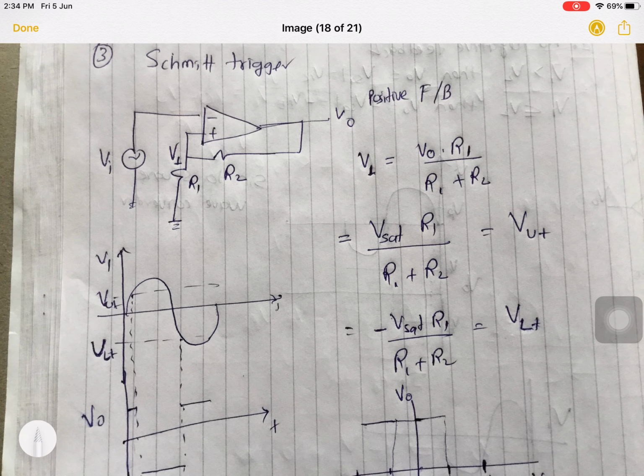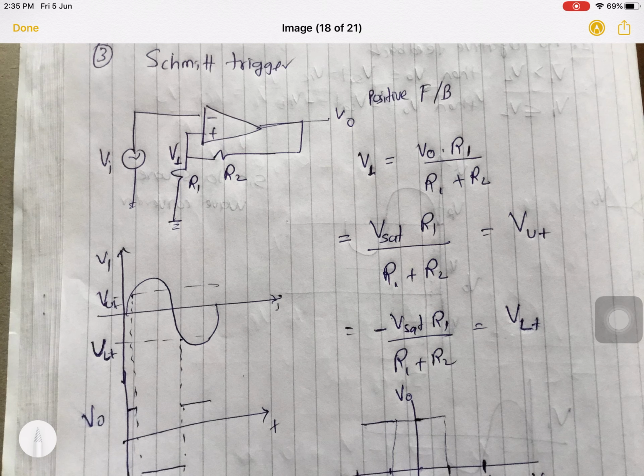Now, one of the most important circuits for non-linear application is the Schmitt trigger. There are many questions on the Schmitt trigger in op-amp. So what is a Schmitt trigger? First of all, the Schmitt trigger is an example of a non-linear application of op-amp. It is a simple circuit where two resistances, R2 and R1, are connected, and this is Vi.